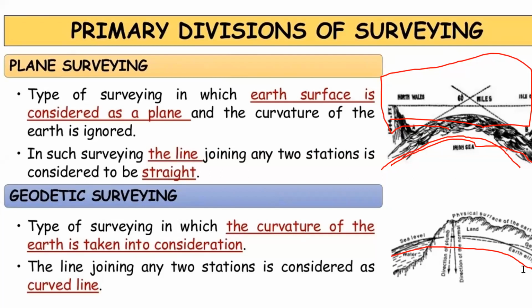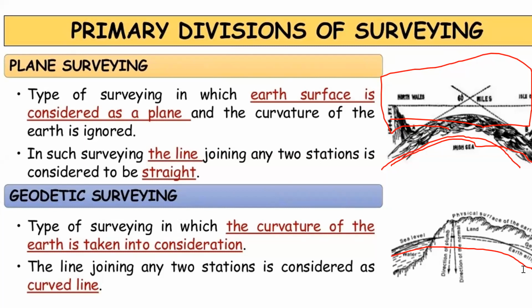Plane surveying is used for small distances between two stations, like 20 meters, 30 meters, 100 meters; anything less than 100 meters is taken as plane surveying.